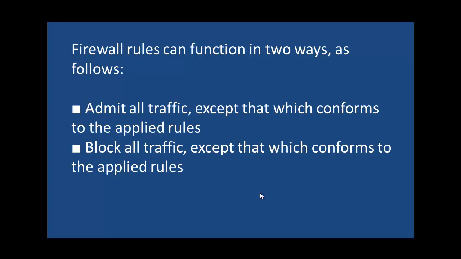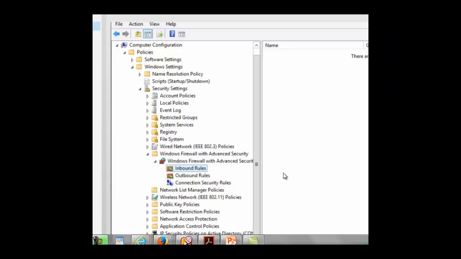Or you can allow all the traffic, and then you would have to go in and say, well, I want this to be an exception, or I want to block this. I think we had said that blocking all the traffic sometimes proves to be a little problematic because you don't know the dependencies of some programs.